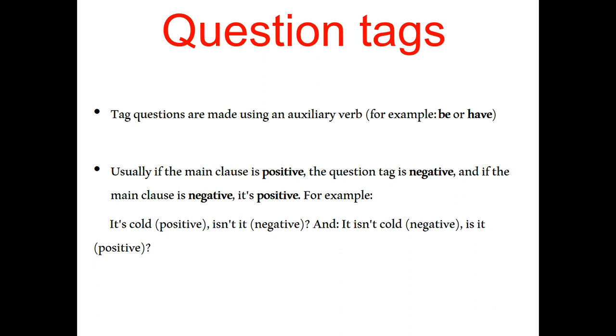The sentence is positive, but at the end of the sentence, which is the question tag, you have to make it negative. And at the same time, if the main clause is negative, at the end of the sentence we are going to change it. We have to make it positive.